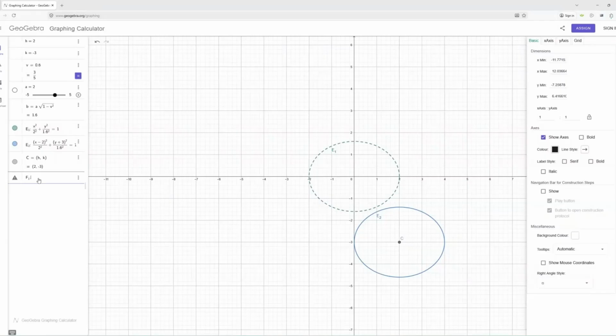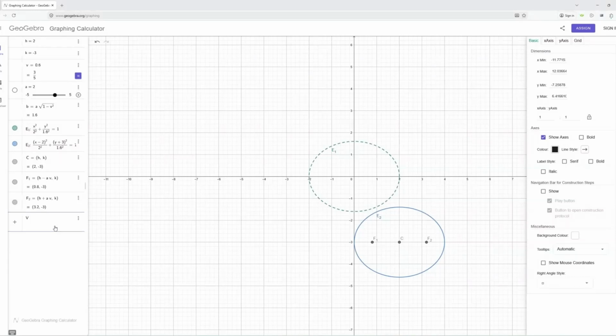One of the foci occurs at the point h minus a times the eccentricity, k. Another focus occurs at the point h plus a times the eccentricity, k.